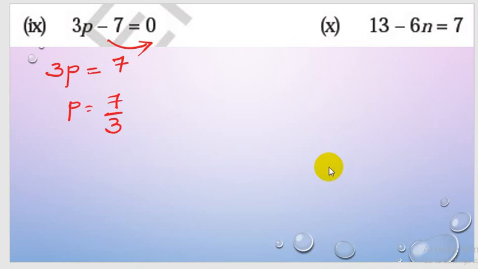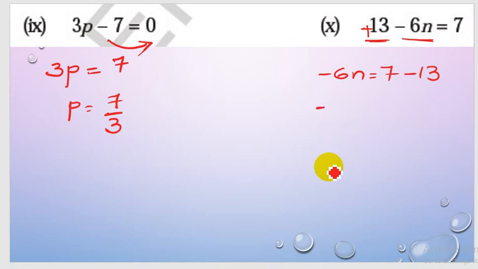Next one. Here what is the variable? The variable is n. So first of all we need to transpose those terms other than the variable, right? So what am I going to get? Minus 6n is already present here. So minus 6n is equal to 7 minus 13, because if there is nothing, that means plus is present here.